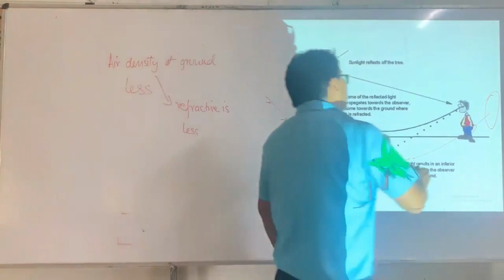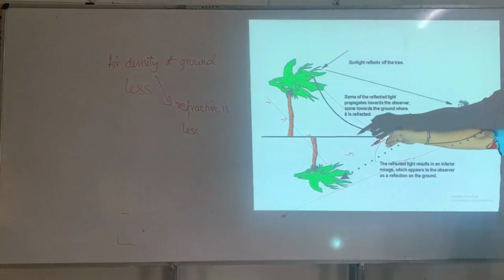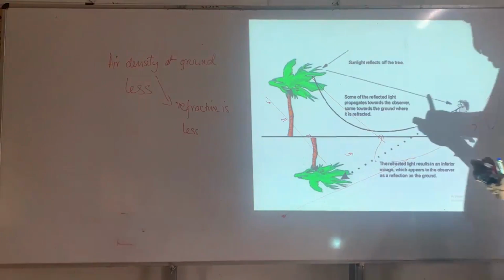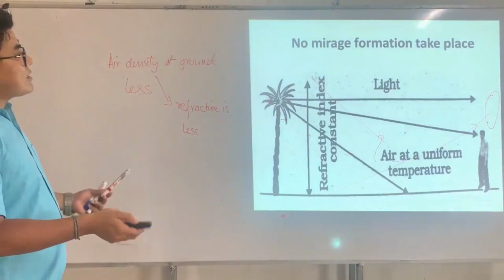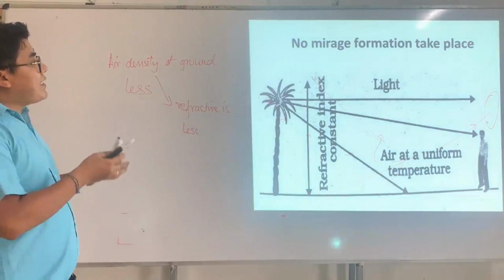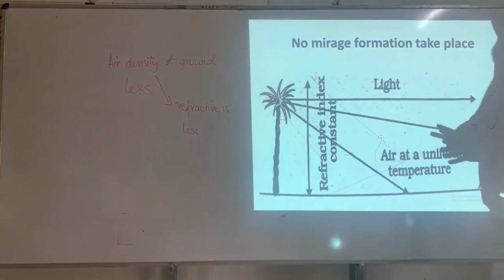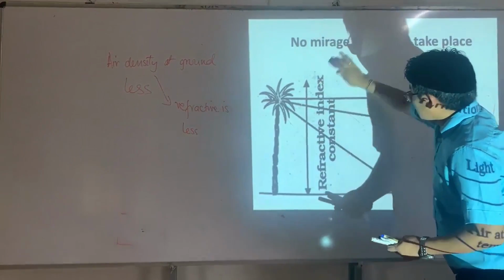And this person feels that there is water near these trees, therefore reflection of a tree is taking place because of water. So this is what we have in case of mirage. And again, this is a textbook diagram, and here no mirage formation takes place.